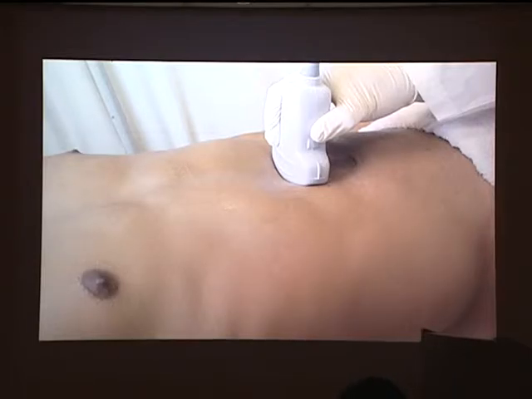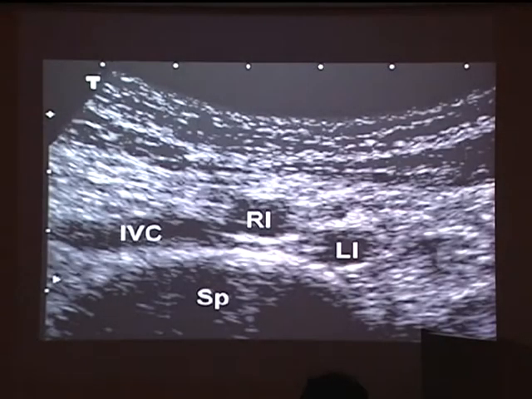However, most abdominal aortic aneurysms are located in the lower part of the aorta, maybe below the renal arteries. So it is important to scan the whole abdomen, especially down to the bifurcation. So we have to scan to this level: the spine, the right iliac artery and the left iliac artery.